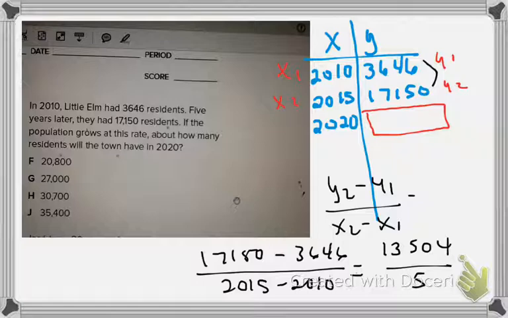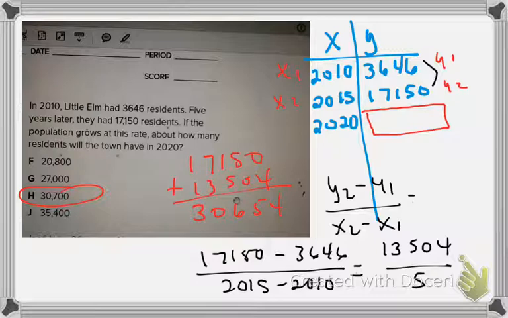Okay, but since we know that the difference in these two is 13,504, we can just add. I can't get my pen right together. We can take 17,150. We can add 13,504, and you're going to see we're going to end up with about 30,654. And so the closest one that we come up with is about 30,700. So that's about our answer.